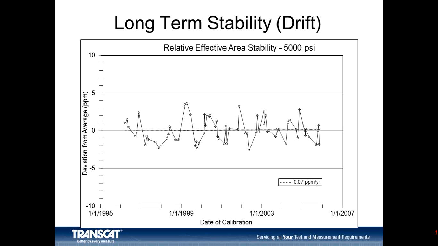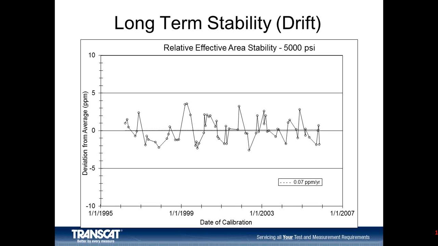And over that period of time, the trend in this data is very, very close to 0. You may be able to see a fine dotted line, and that dotted line is indicative of the slope of that line representing a drift rate of 0.07 parts per million per year.